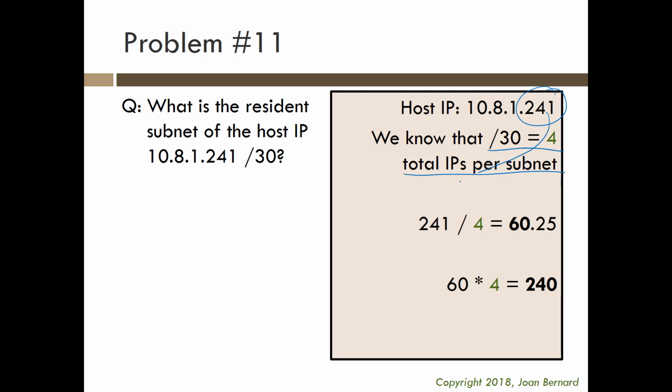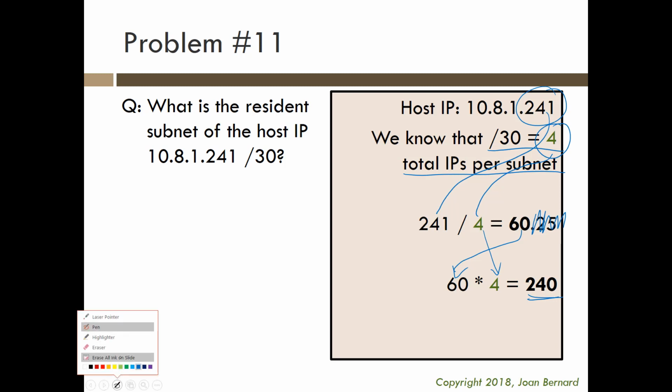We take the 241 divided by 4, which is 60.25. Forget about that remainder, and then just take the 60 and multiply that by 4, and the network IP will start with .240. That's our starting point for that range. So that would be the answer.